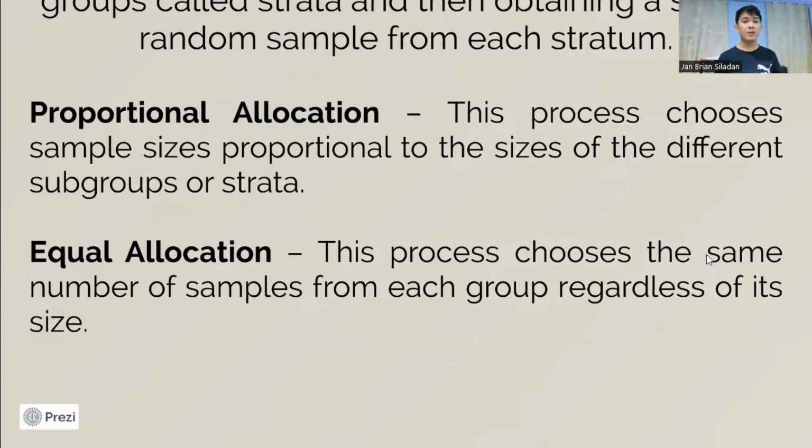The proportional allocation means that the smaller strata get a smaller number of samples, and you get a bigger number of samples from the bigger strata or subgroups. While with equal allocation, you get the same number of samples from each stratum, even if one is smaller and the other is bigger, or vice versa.